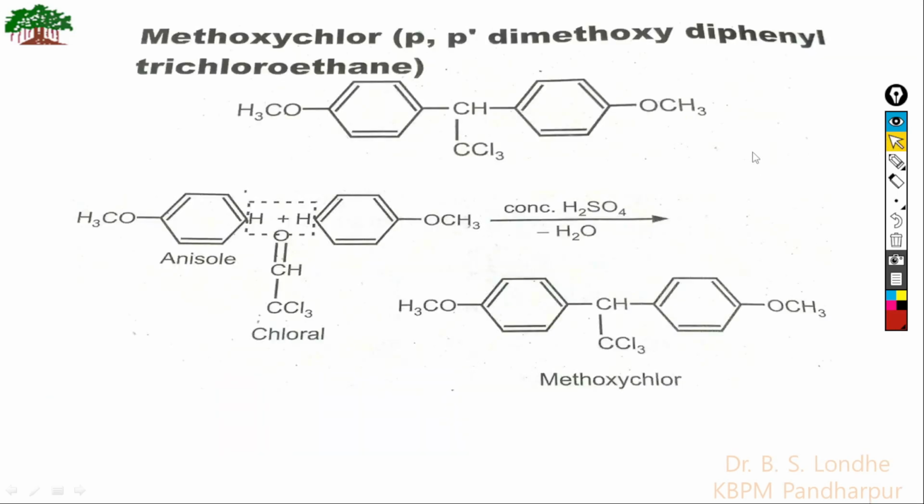The next agrochemical that we are going to see is Methoxychlor, that is p,p-dimethoxydiphenyl trichloroethane. The structure of this methoxychlor is like this.